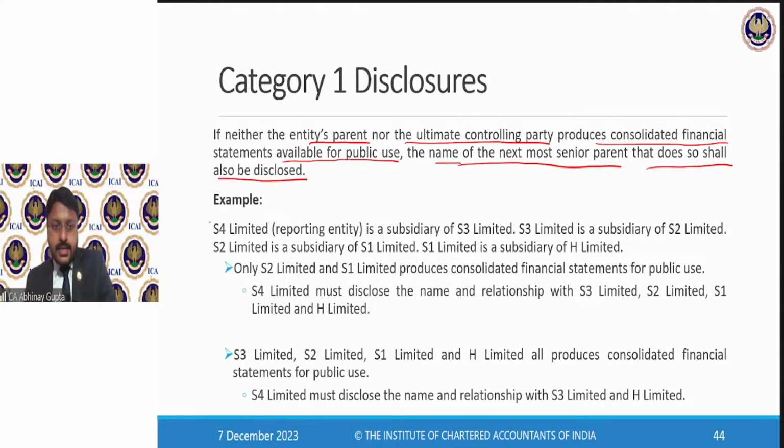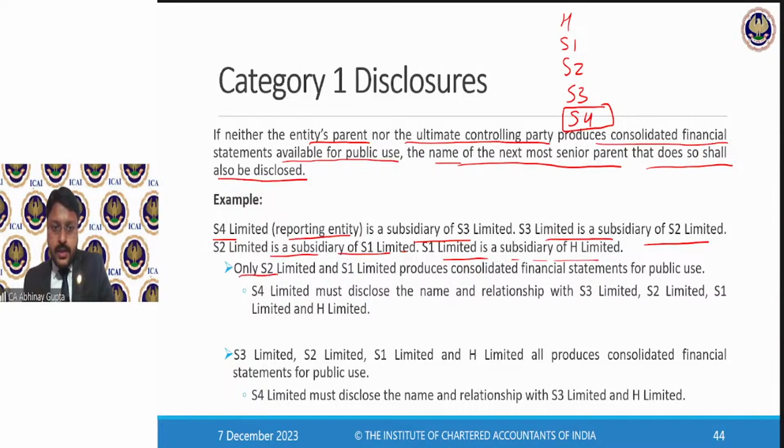So S4 Limited, that is the reporting entity, is a subsidiary of S3, and S3 is a subsidiary of S2, and S2 is a subsidiary of S1, right? And S1 is a subsidiary of H. So here is the chart: H, S1, S2, S3, and S4, right? And we are preparing the financial statements of S4, right?